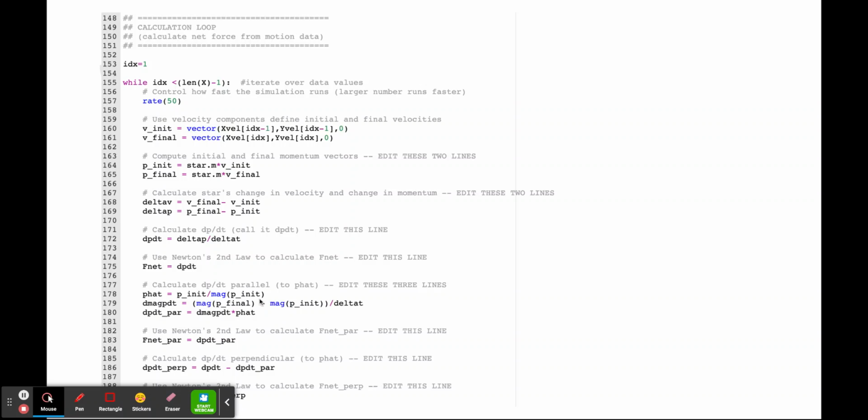I basically added in the formulas to calculate these values. And at the bottom here, I used the momentum formula to calculate the parallel component and then used that to calculate the perpendicular component.